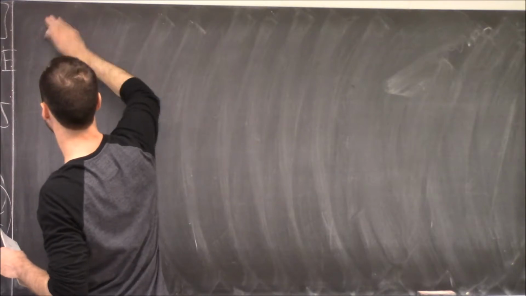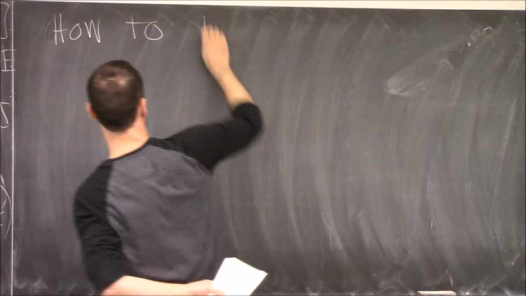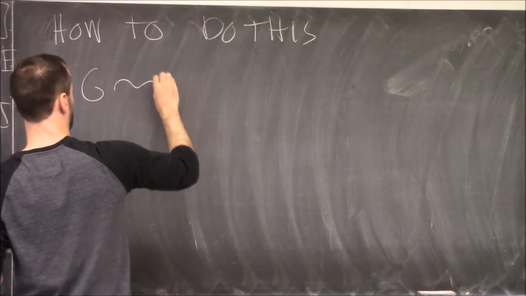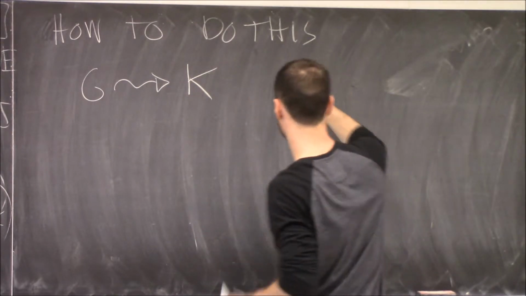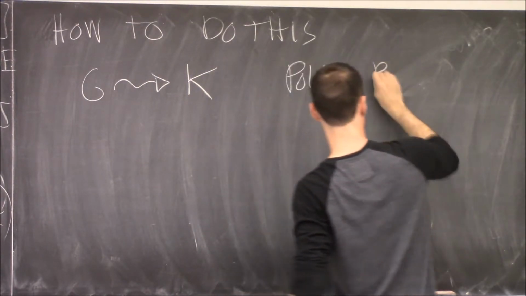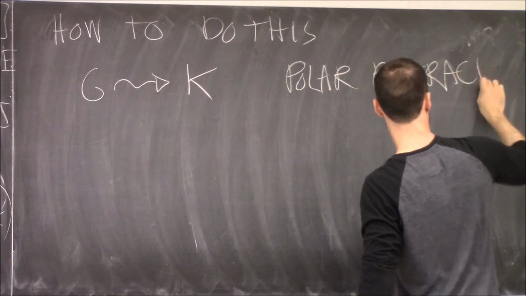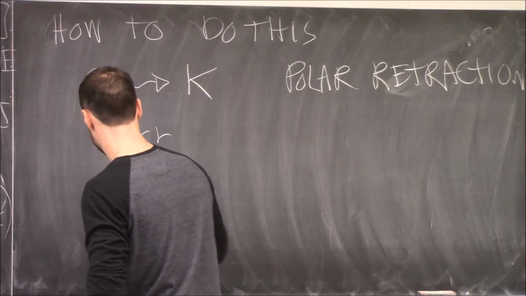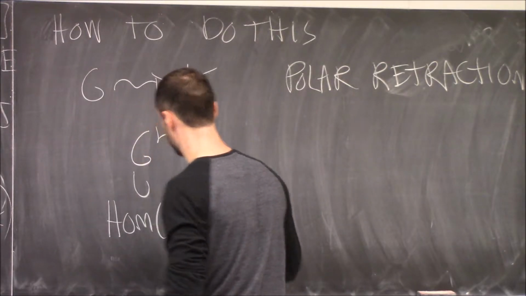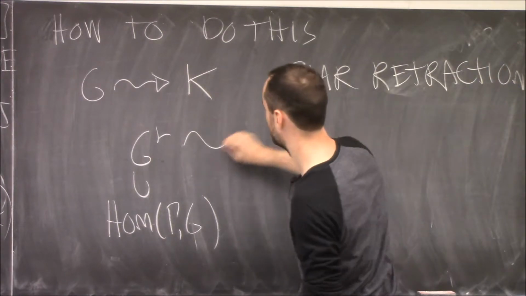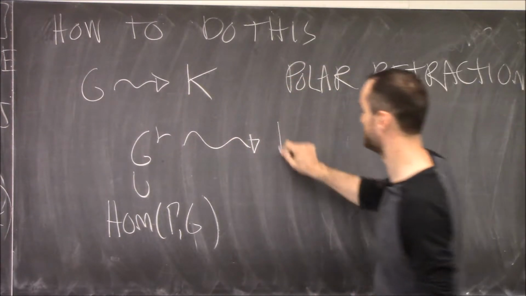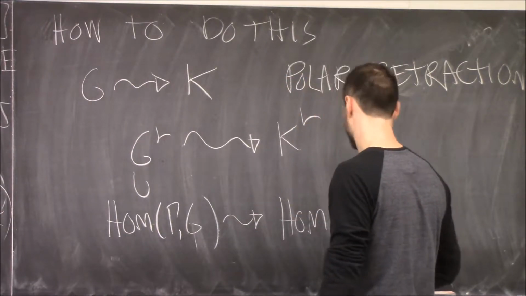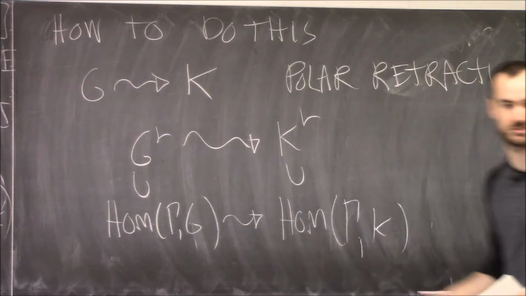So you might think how to do this. And kind of the first thing you might think of is you want to deform G into K. So you have the polar retraction. Then we remember that we have this space of representations, Hom(Γ, G), sitting inside of G^r. And then we could just take such a deformation and move it to K^r, and then see what happens to the restriction down here, and hope that that gives us a retraction onto this compact subspace.